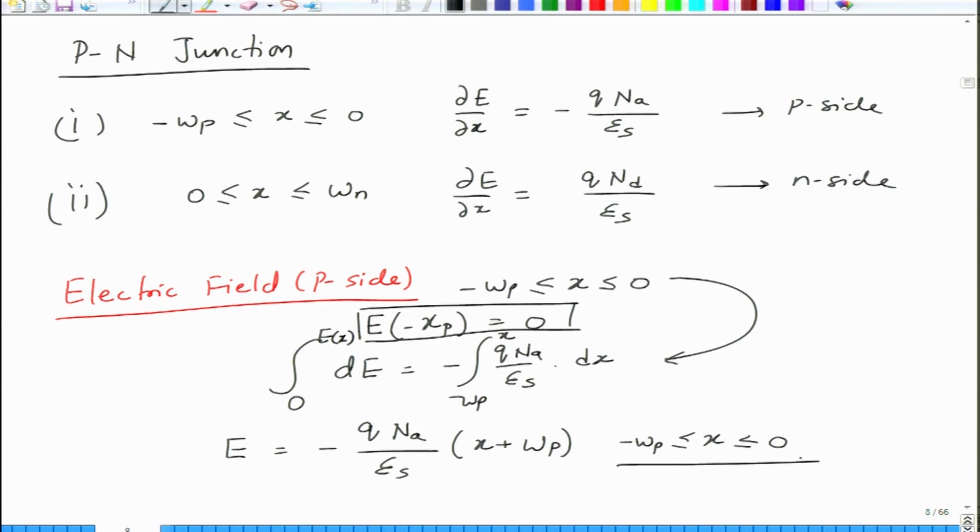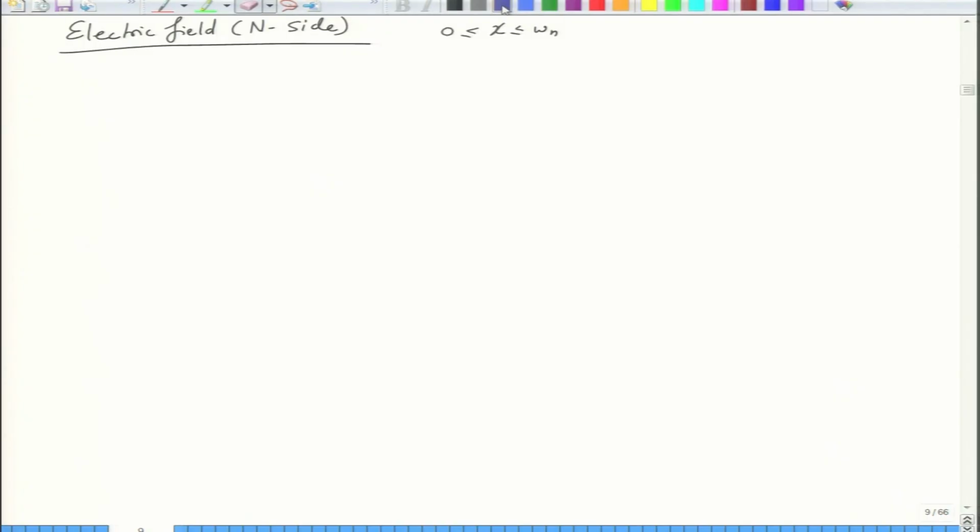Now, the same thing if you want to calculate for the electric field on the n side. When we look at the electric field on the n side between x being from 0 to Wn, the first condition is that the electric field at Wn is equal to 0, because it is 0 at the boundary of the depletion region and the quasi-neutral region. So, E(x) is now calculated by integrating the electric field from E(x), because the electric field is continuous in the depletion region, and then it becomes 0.